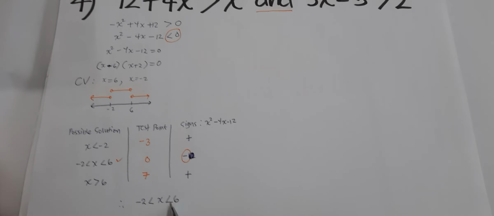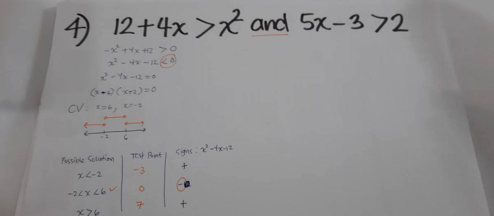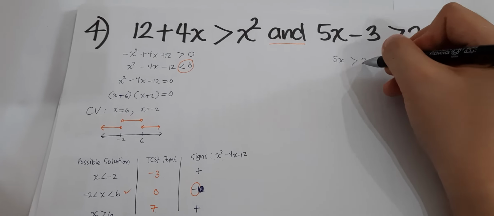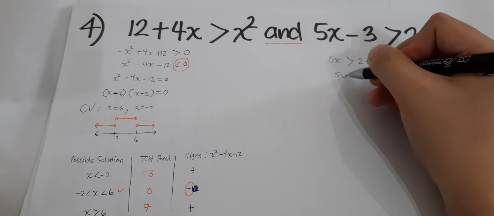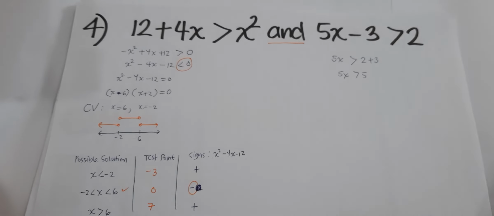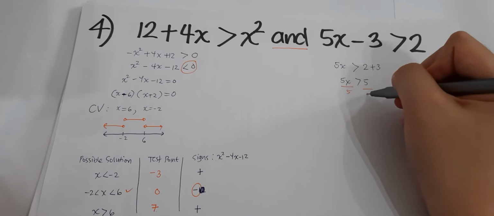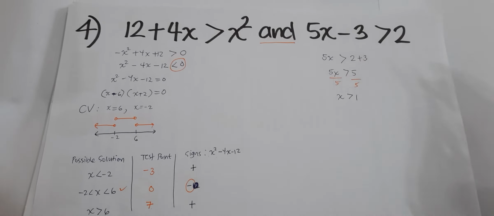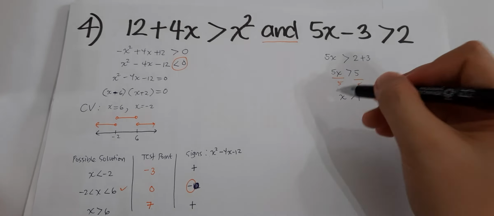Okay, we have a first solution. So we will solve the linear. So what is this? 5x is greater than 2 plus 3, 5x greater than 5. I will divide both sides by 5 without changes because I divide by positive. So x is greater than 1.